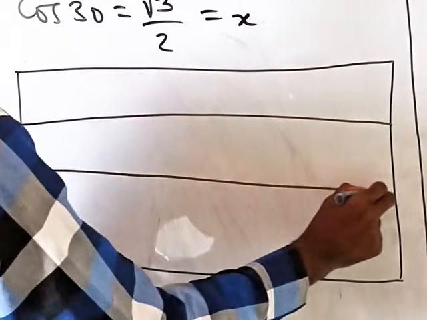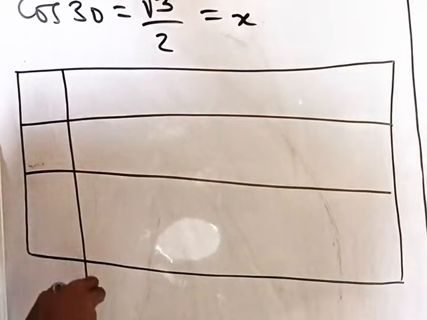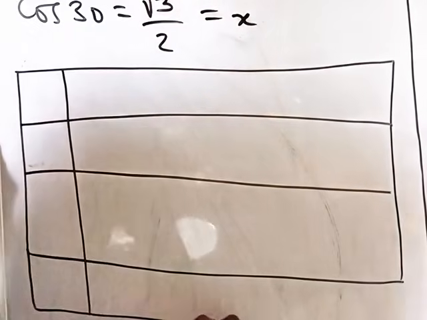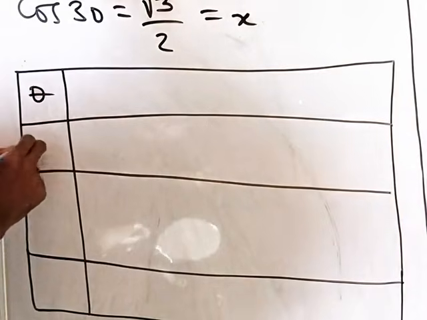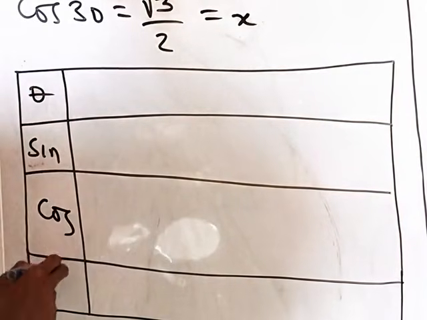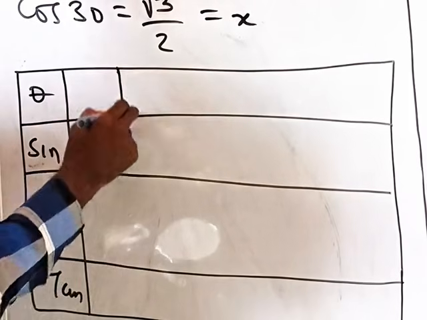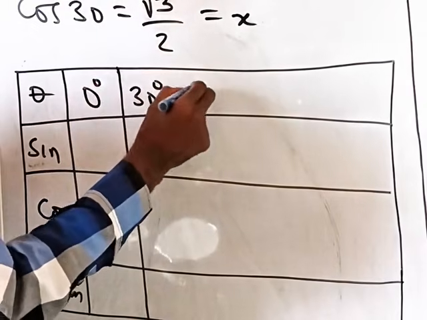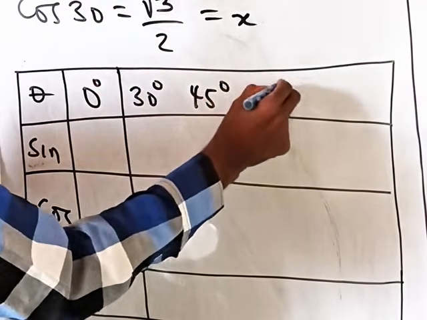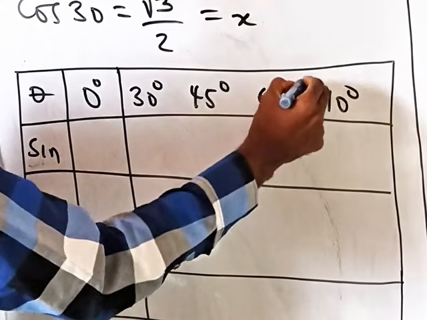This is a shortcut you can use to know those special angles. This is your theta, sine, cos, and tan. 0 degrees, 30 degrees, 45 degrees, 60 degrees, and 90 degrees.